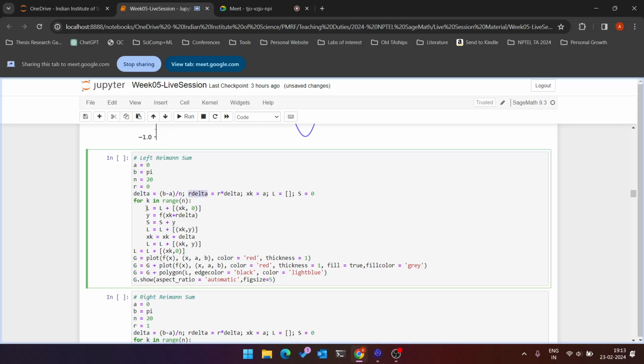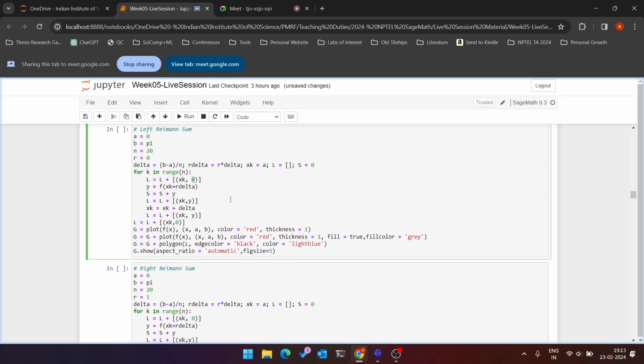And then for each bin we add our point x comma y into the list itself, so that would get us the list of points.